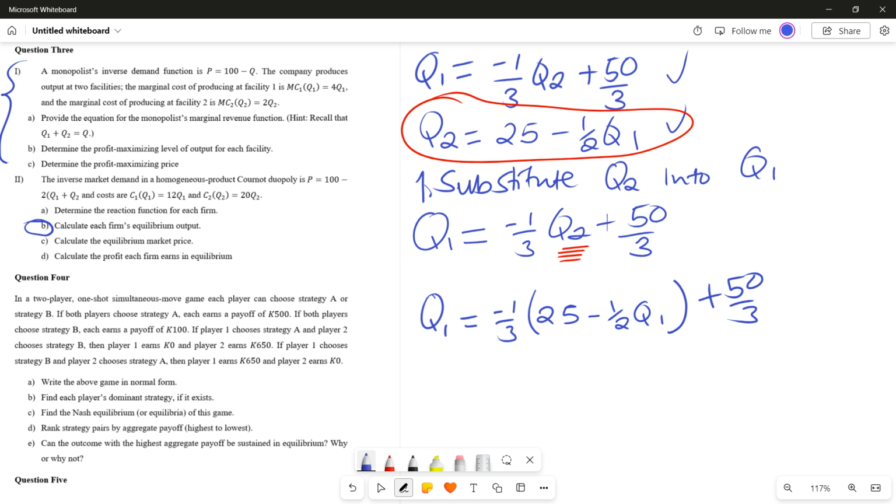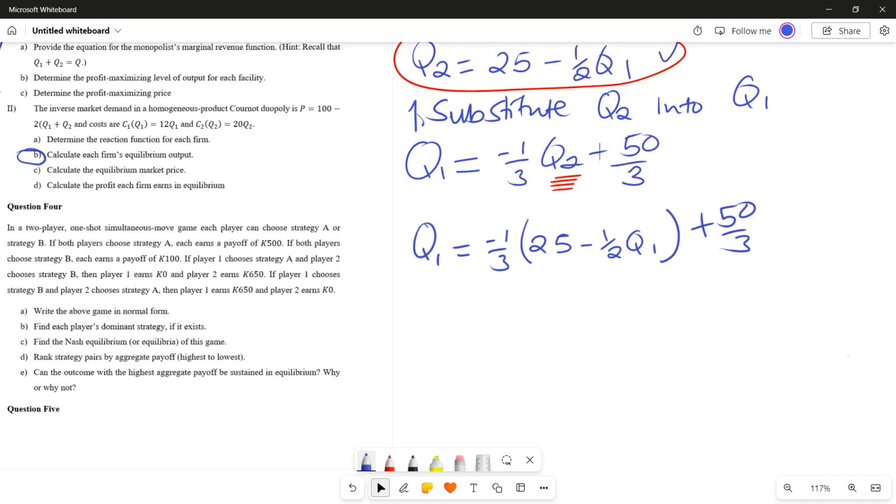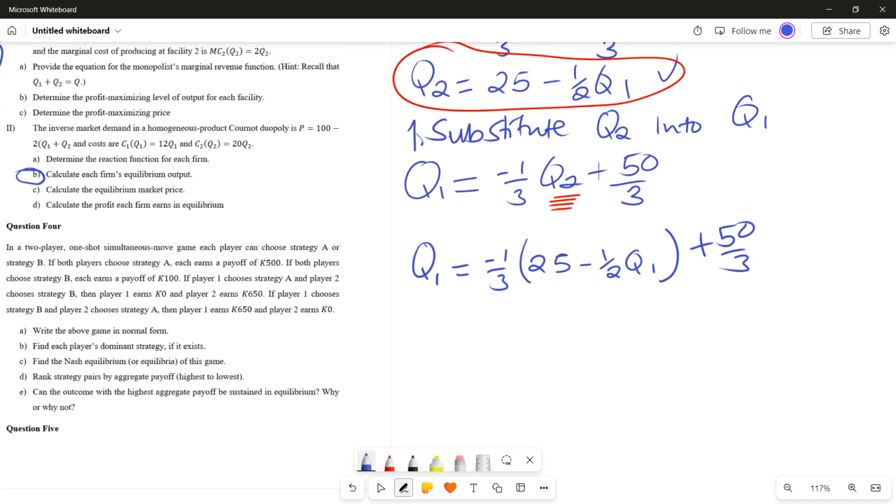You can pick either Q1 and put it in Q2, or you can get Q2 and put it in Q1. The answers will be the same. So please don't panic there. Just do the substitution and solve. All right, the next step is to open the brackets and solve.